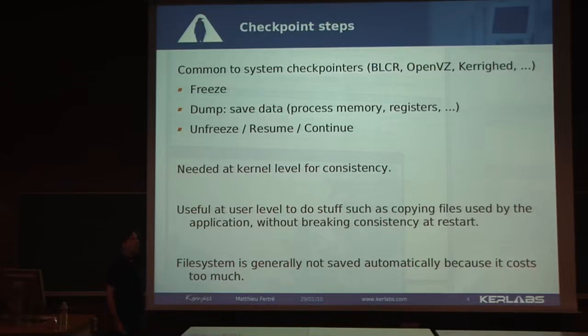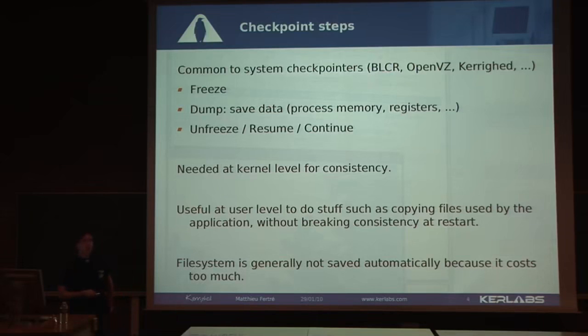Okay, so now what are the checkpoint steps? This is common to all system checkpointers. First, you have to freeze your application. Then you will dump the data, you will dump the process memory, the registers, and so on, all the internal state of the application.